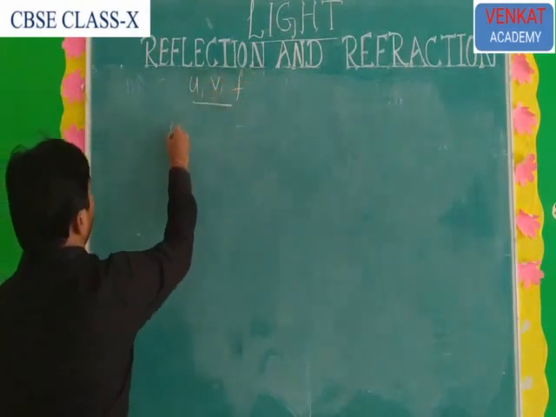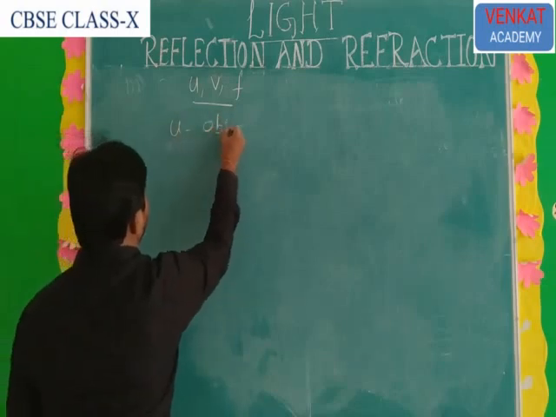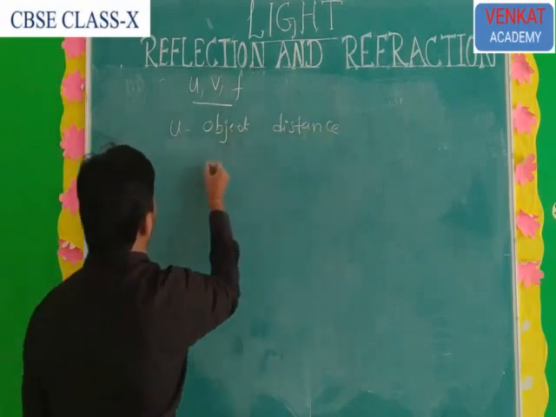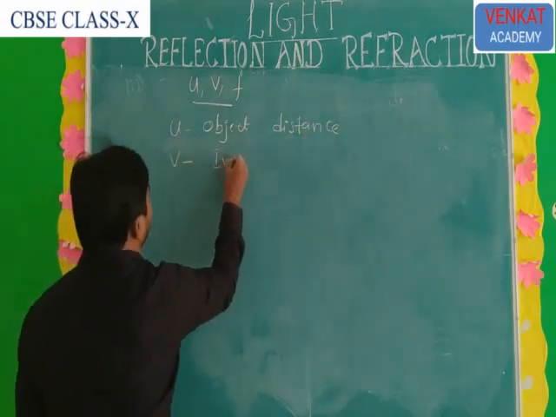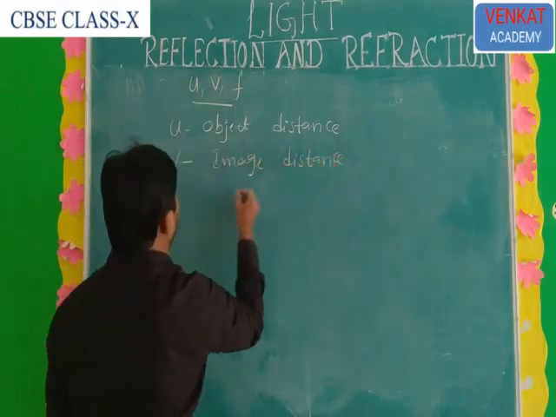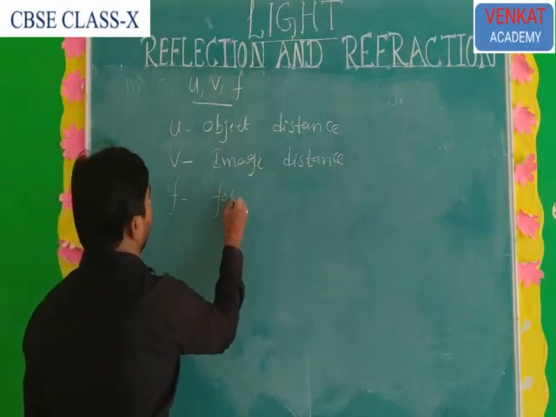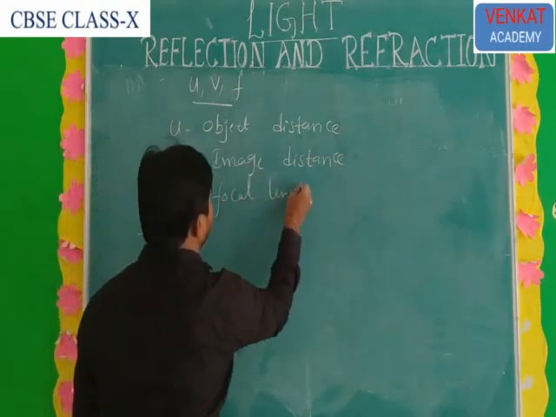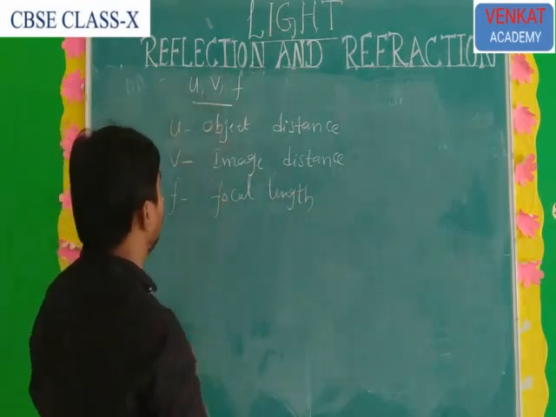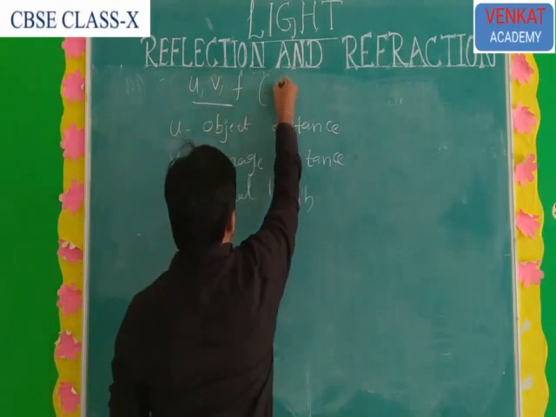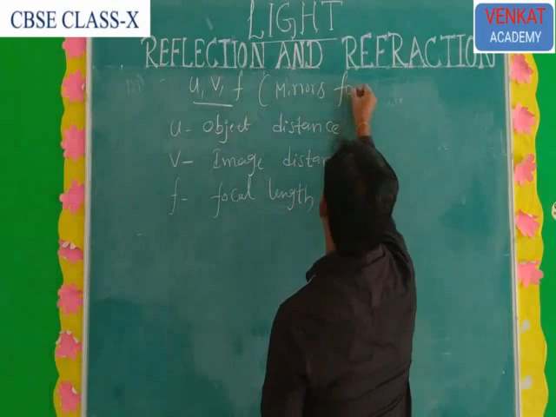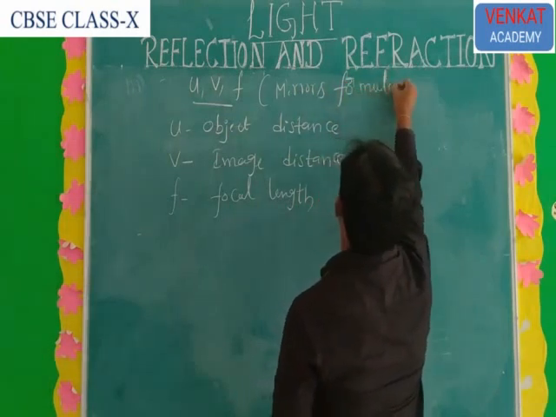See here, what about U? U means object distance. And what about V? V means image distance. Then what is the relation between U, V, F, or what about the mirror formula?